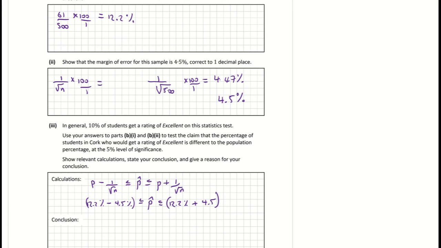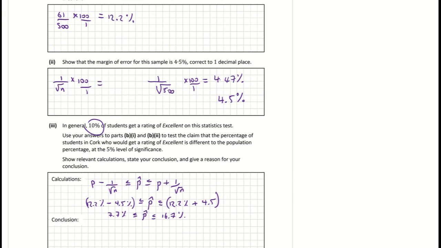Tidying up both sides, I'm getting 7.7%. So my interval is 7.7% up to 16.7%.